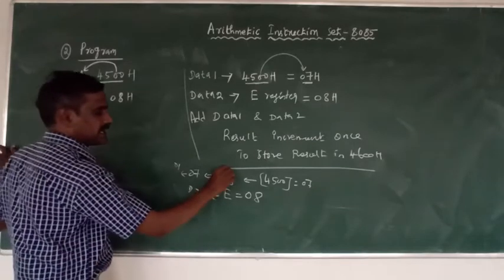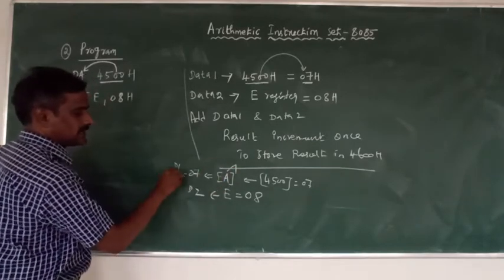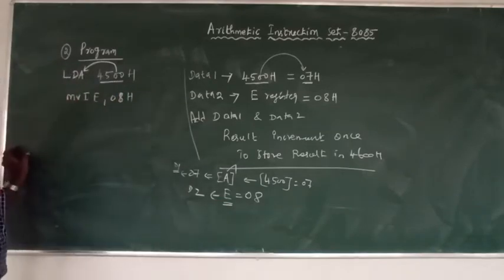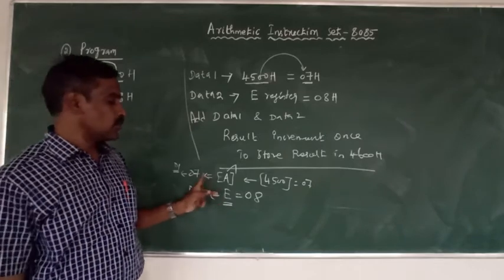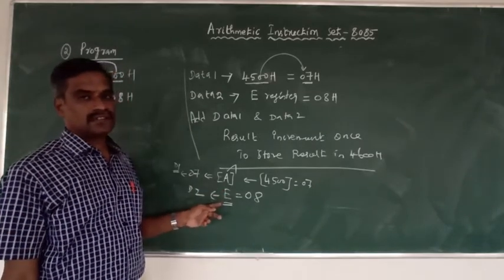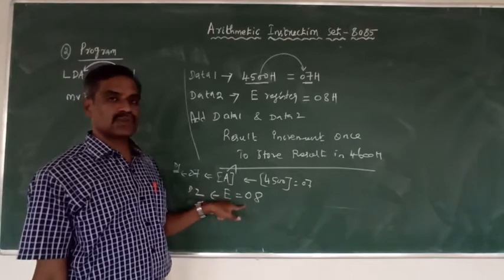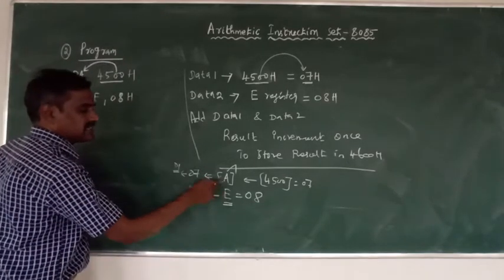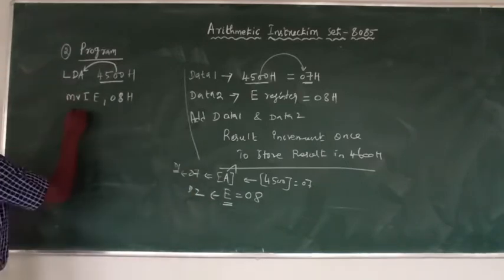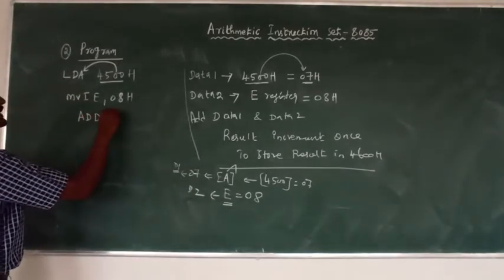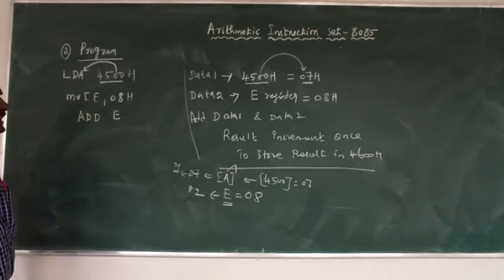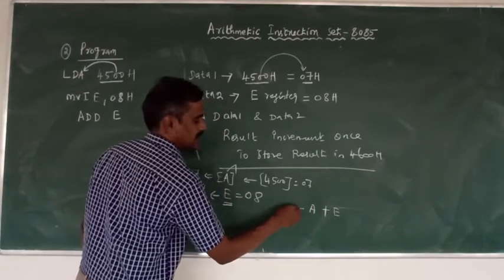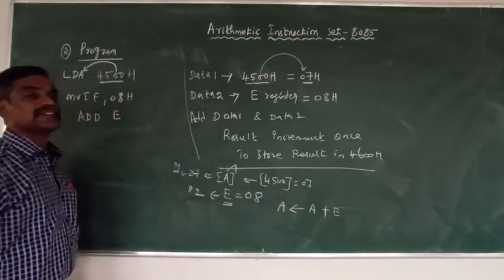Data 1 is in A register, data 2 in E register. Now to add these two data, both are 8 bits. What is the instruction to add accumulator with the E register? We can use the ADD E instruction. ADD E means we add E register data plus A register data, and the result moves to the A register.